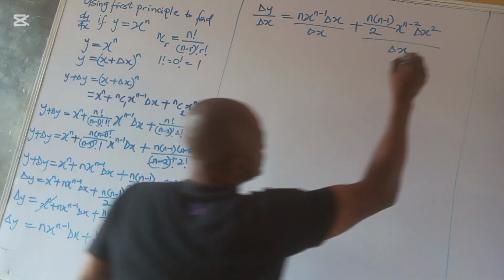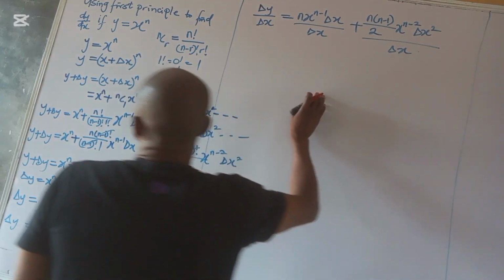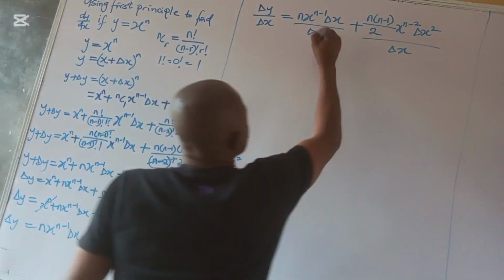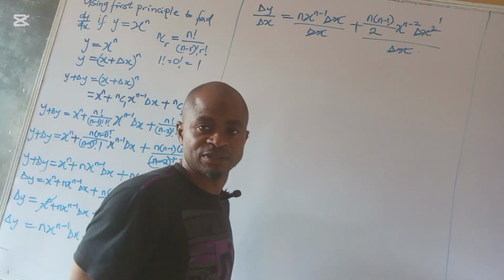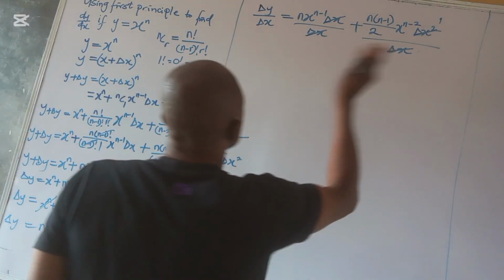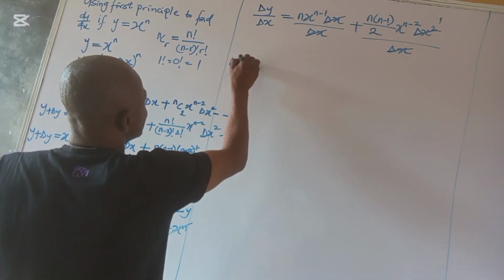Don't forget that the expression continues, but I'm only dealing with these two. Then having done this, this will cancel this, one change in x cancels out. Now the next thing is to take the limit as change in x goes to 0.